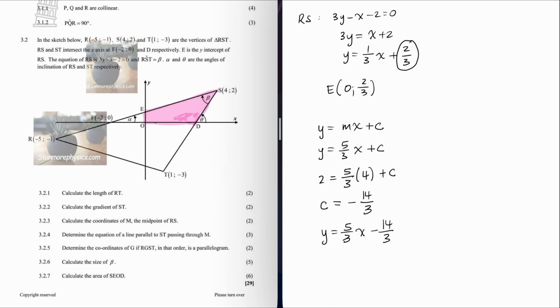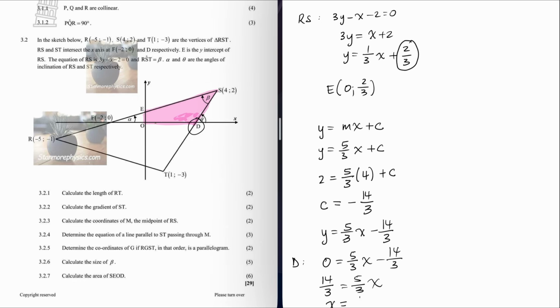Now to calculate the coordinate for D, D is an x-intercept, so you make y equal to 0. So 0 is equal to 5 over 3 x minus 14 over 3. That means 14 over 3 is equal to 5 over 3 x. You can then solve for x.